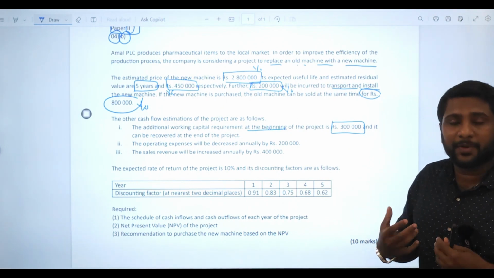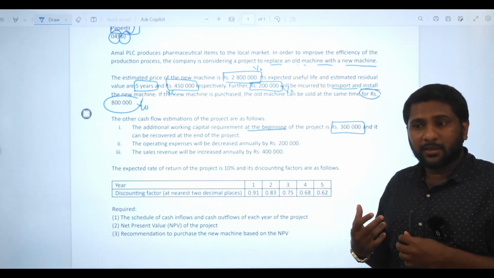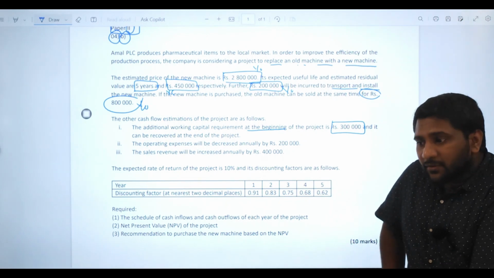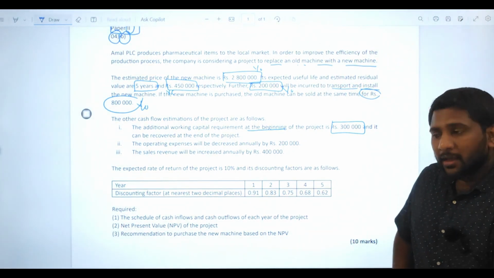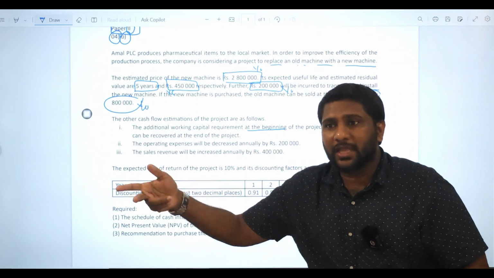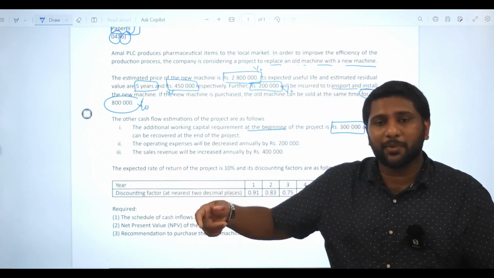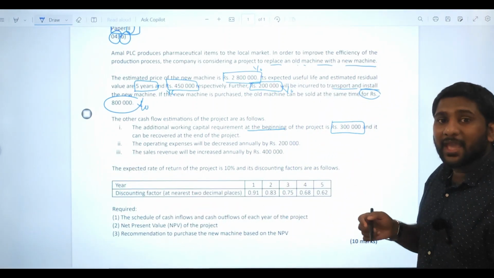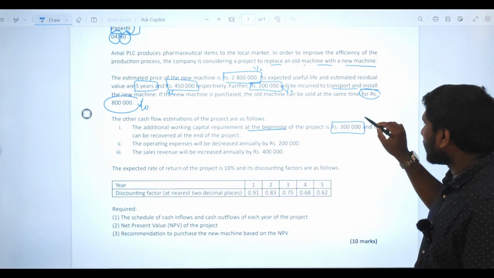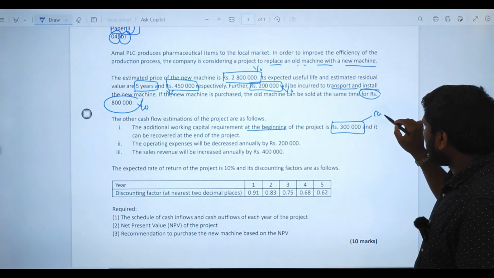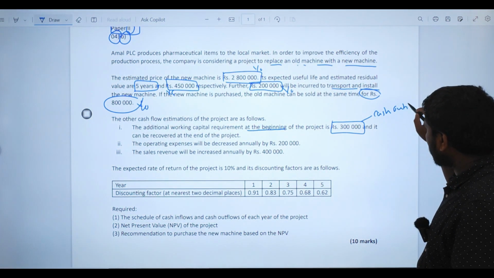Now let's assume I am the person who is doing the investment. For the working capital purpose, from my pocket, I have to give 300,000 today. So this is going to be a cash outflow. Year zero, there is going to be a cash outflow for me.